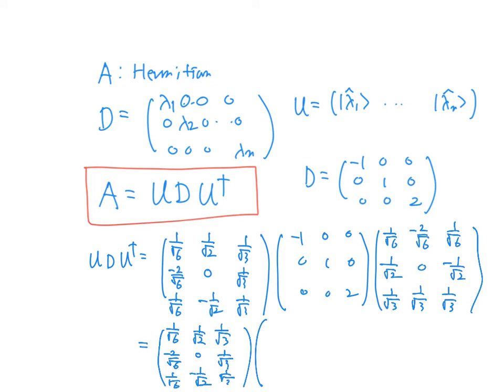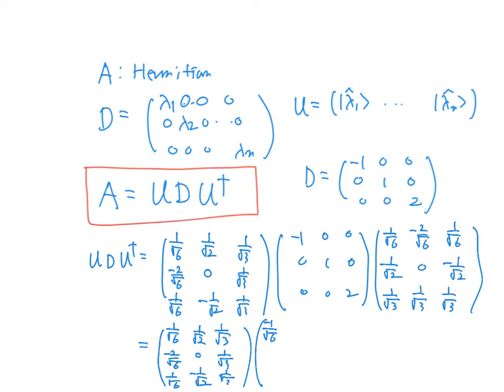The first element, if you do this, minus square root, right? And second, this. And the second element, this and this gives what?